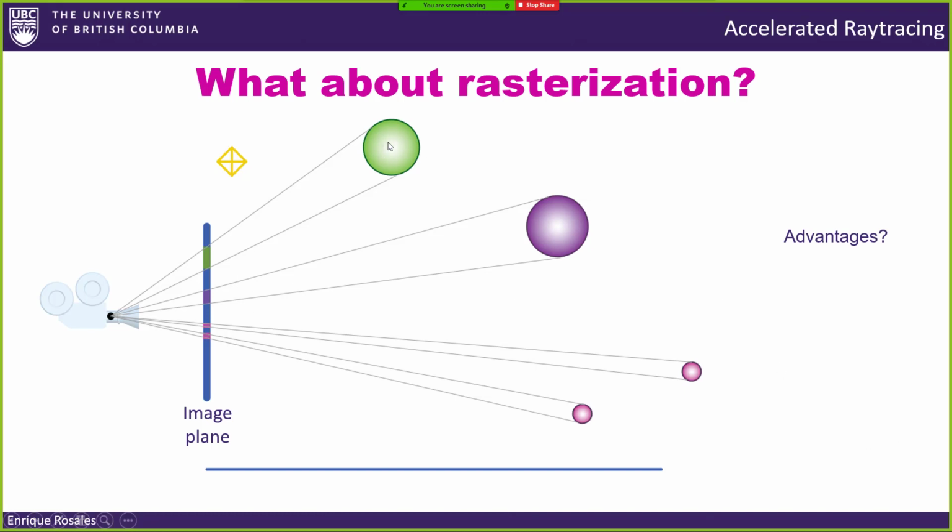So I can iterate only once per every object, and now I have exactly which pixels correspond to each sphere. If I do that, I don't need any space partition, right? Because for every pixel in this area, I don't need to do anything else. These guys just get the background. These guys don't need to explore anything in space.